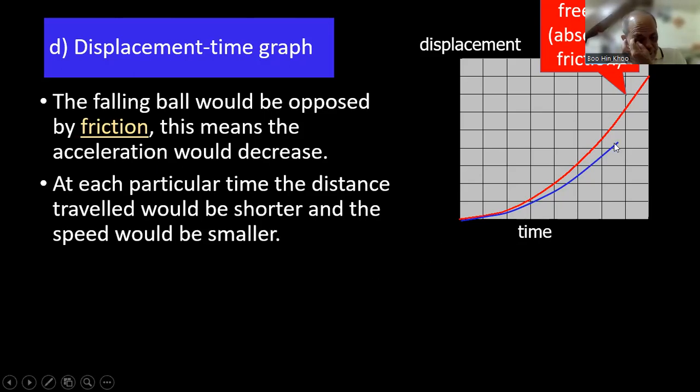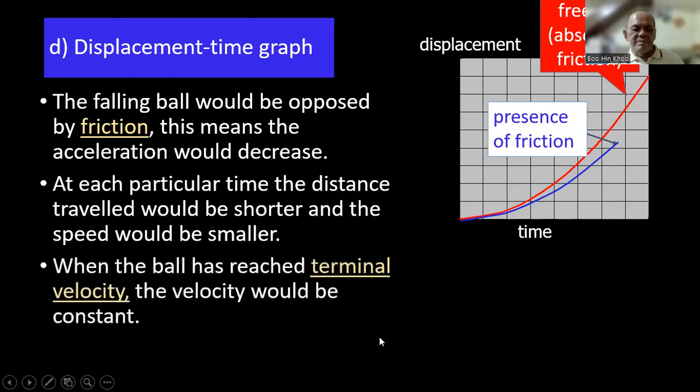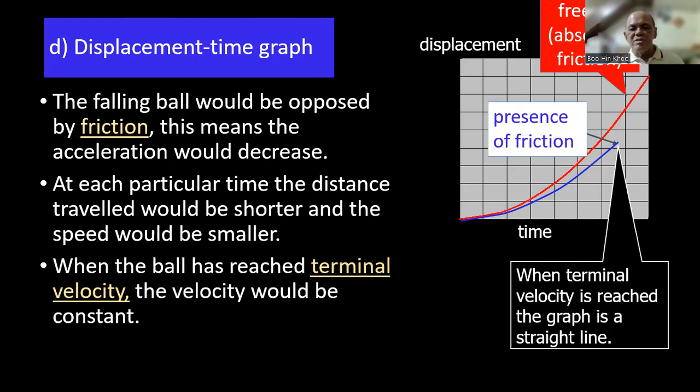Then there will be a point where we call terminal velocity is reached. Right? So this line is the presence of air, of friction or air resistance. When the ball has reached terminal velocity, the velocity would be constant. After that, it's constant velocity, terminal velocity, so it's a straight line.